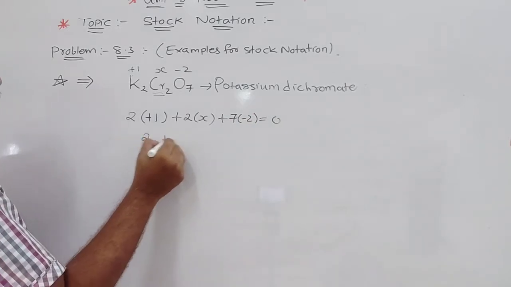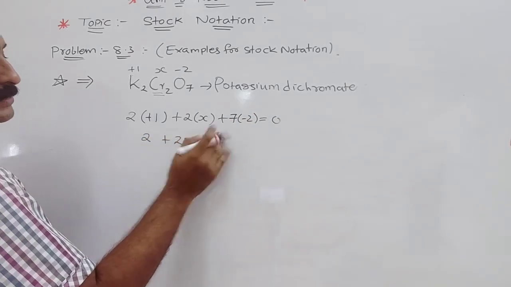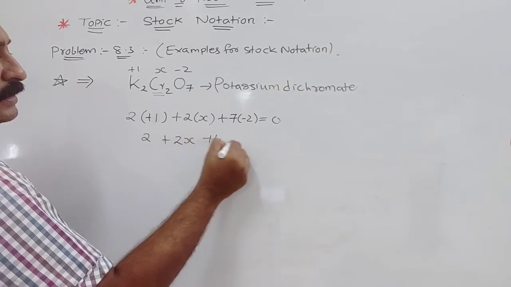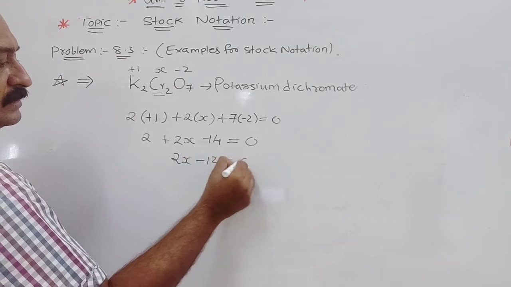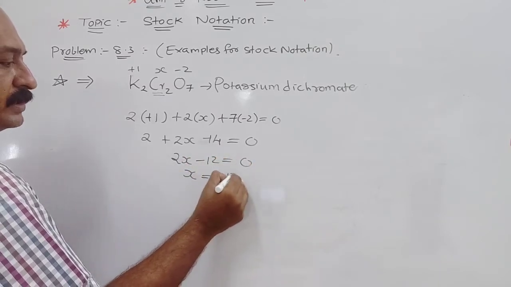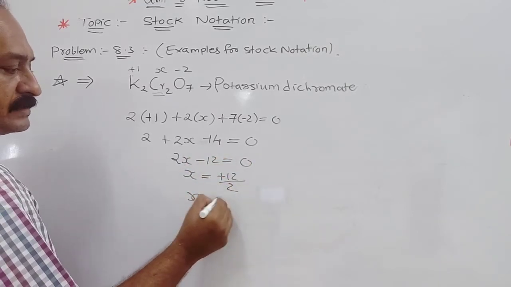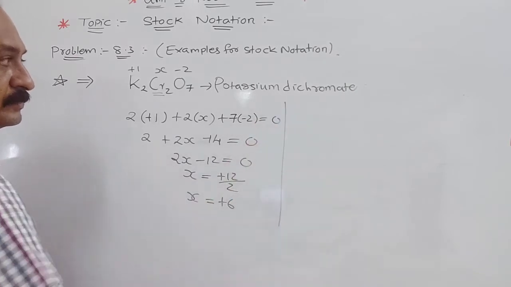So 2 plus 2x plus -14 is equal to 0. So 2x minus 12 is equal to 0. x is equal to +12 by 2. So x is equal to +6 again here.